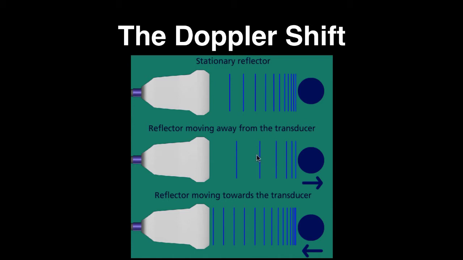In the middle example here, the reflector is moving away from the transducer, so there will be a Doppler shift, and it's going to result in a slightly lower frequency echo being received by the transducer because it's moving away from the transducer, while in the bottom image, the reflector is moving towards the transducer, so the Doppler shift that's produced will result in a slightly higher frequency echo being received by the transducer.